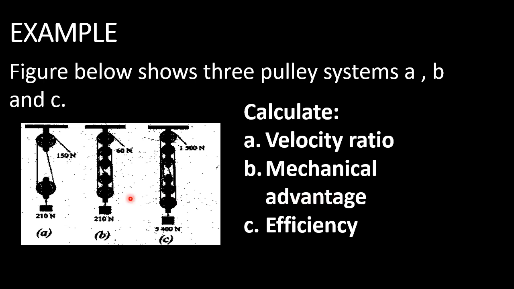Mechanical advantage is equal to load, which is given here, divided by effort, and you find the result there. For efficiency, again, you apply the formula which you know already. That formula says efficiency is equal to mechanical advantage divided by velocity ratio multiplied by 100%. So you apply those equations in each one of them.